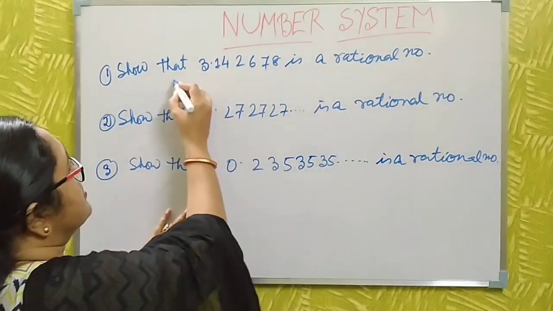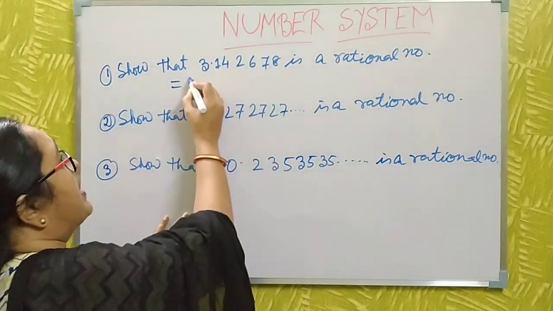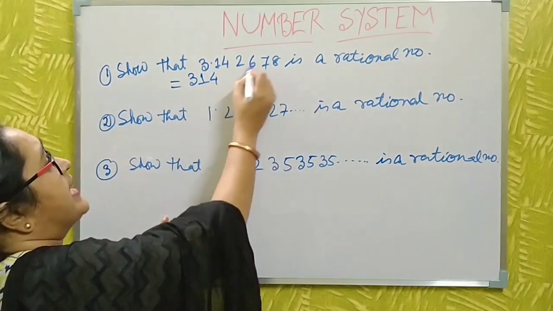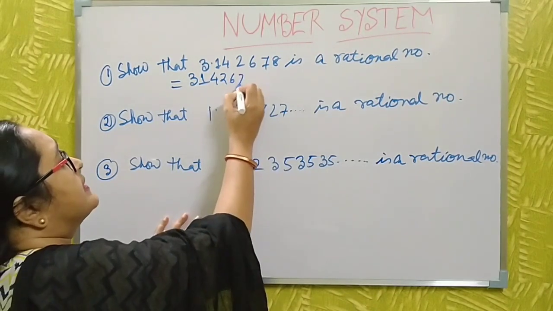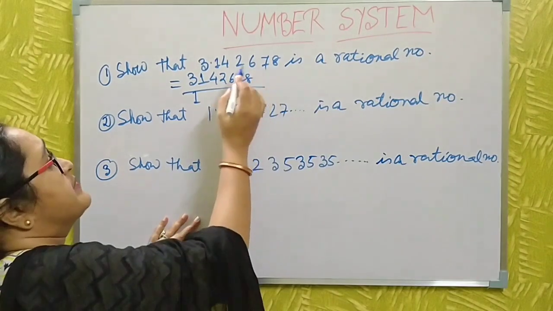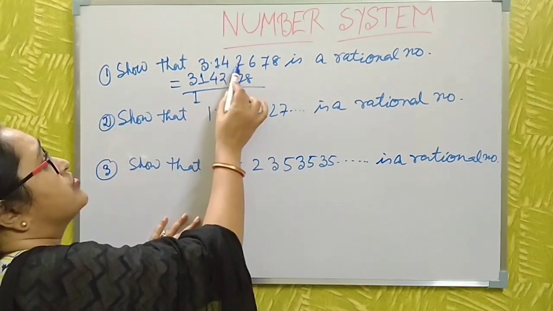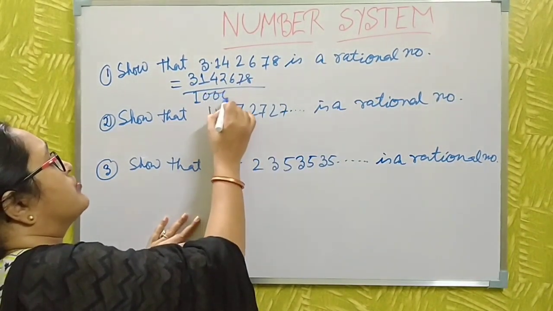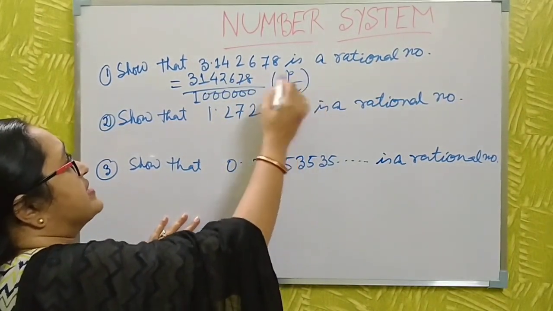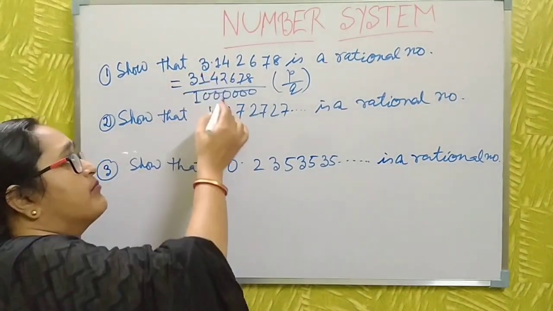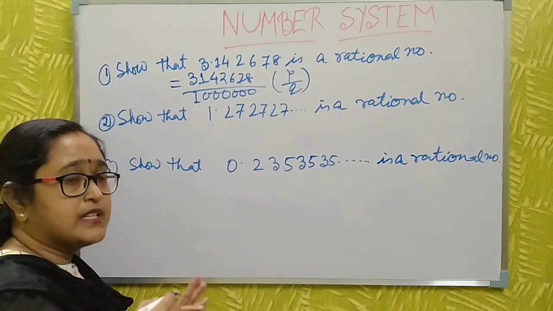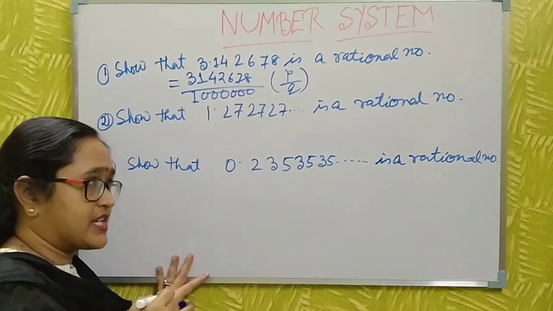Now you change this number to p by q form. Without the decimal you write all the digits in the numerator, and for the denominator, give 1 for the decimal and 0 for each digit after the decimal. How many digits after the decimal? 1 2 3 4 5 6. Here this is P and this is Q. You can write the number in the P by Q form. That's why this is a rational number.